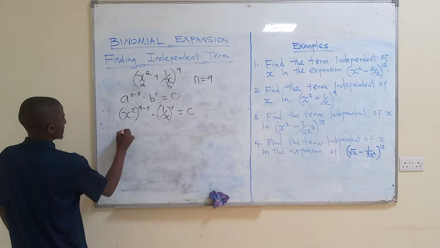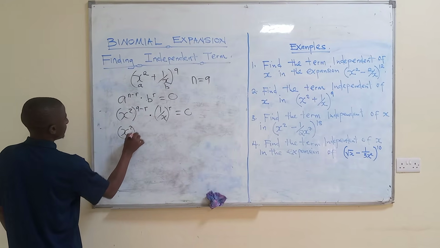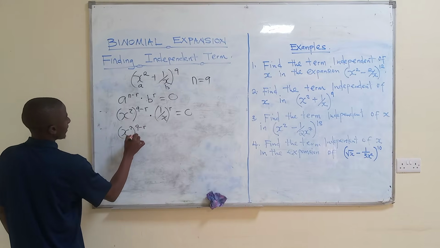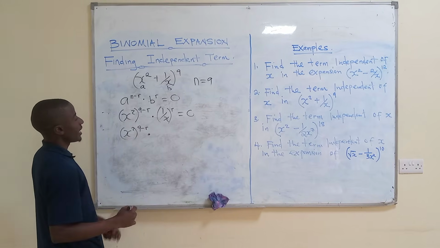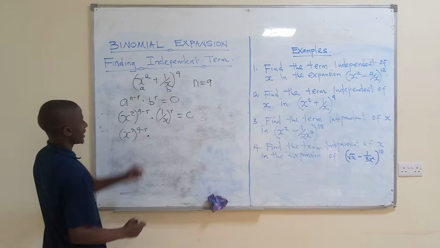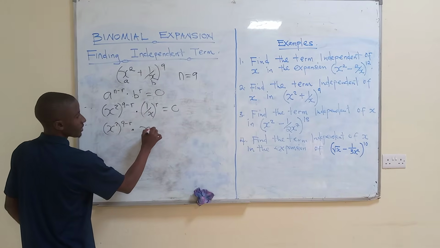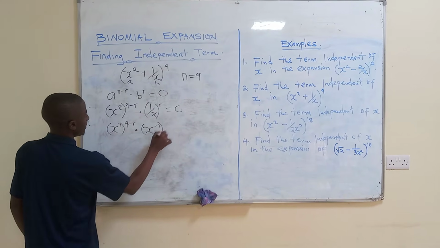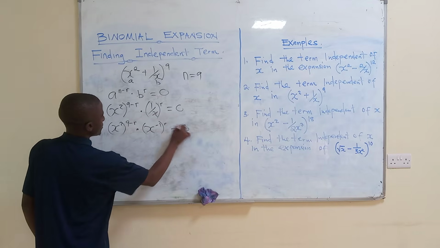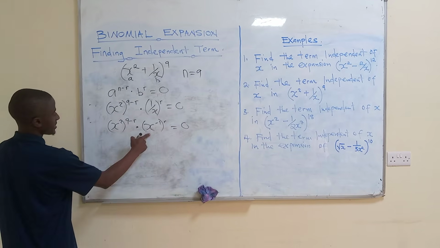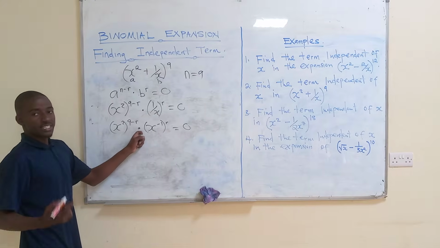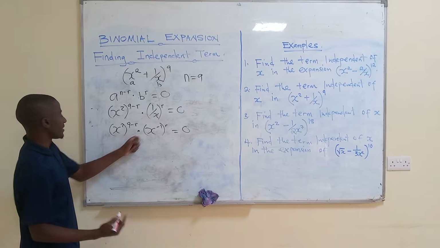So x squared to the power 9 minus r. Under the rules of indices, 1 over x is the same as x to the power negative 1, to the power r, is equal to 0. So the bases are the same, and then you're multiplying. That simply means that you have to add the powers.